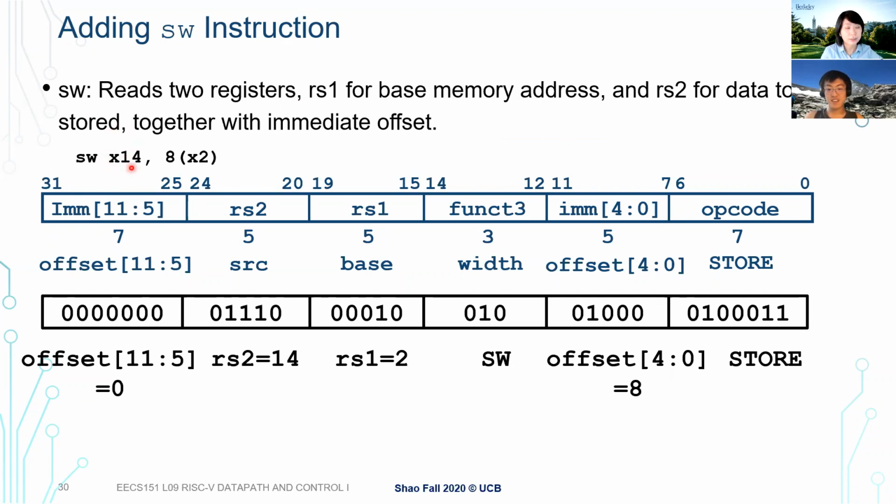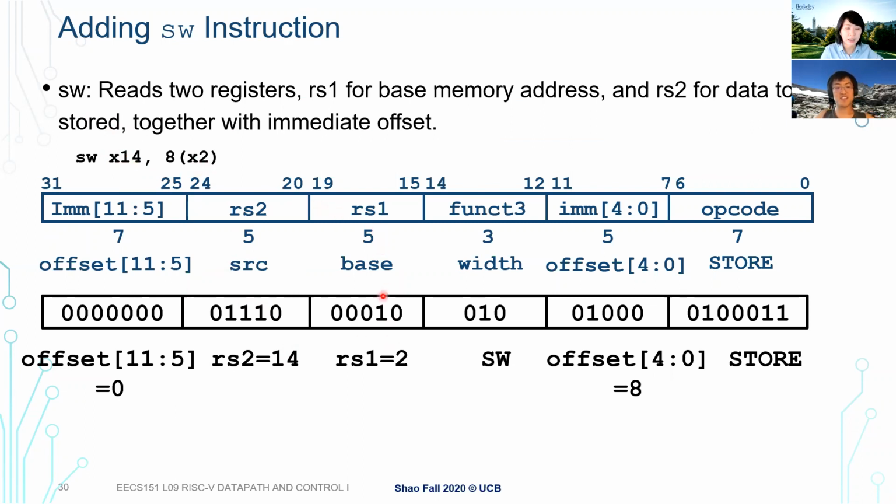The first one is the second source register, which specifies the register that stores the value we want to store to memory. In this case, RS2 is 14, so we encode 14 in the RS2 field, and X2 is RS1, which is used to specify the base address.